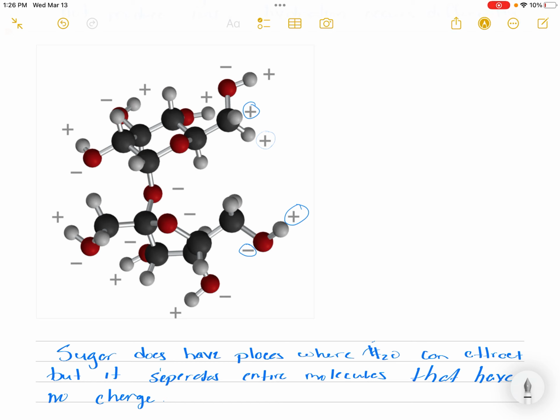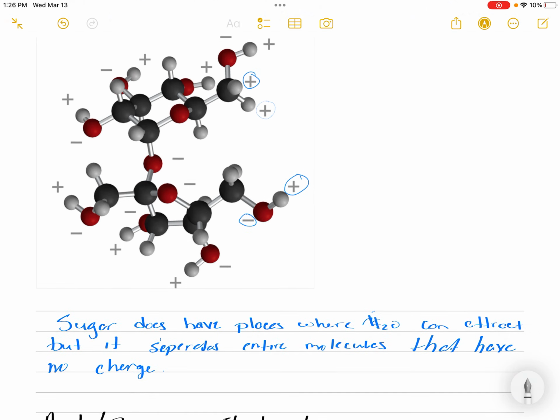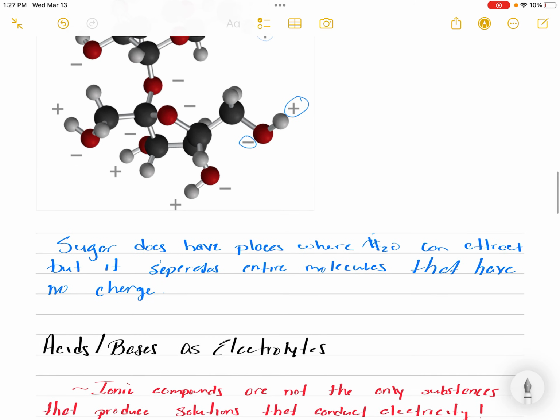Because it doesn't have that positive and negative distinction, it doesn't conduct electricity that well. Even though it does hydrate and dissolve, it doesn't conduct electricity well because it's dissolving one of these entire molecules. You don't have to draw this. I just wanted to show this as an explanation.